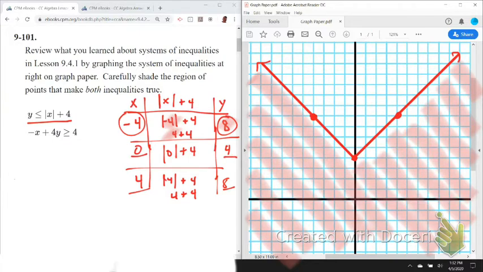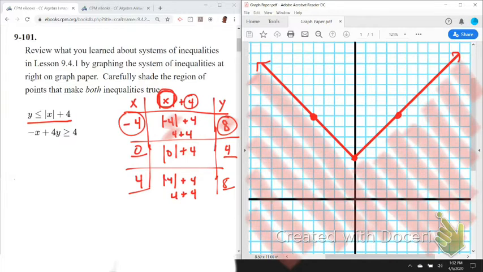If you're wondering why I chose negative 4, it's because I was looking at this x value here and thinking that if I plugged in a value for x that would cancel this out, with a positive 4 and a negative 4, maybe I could have done that.